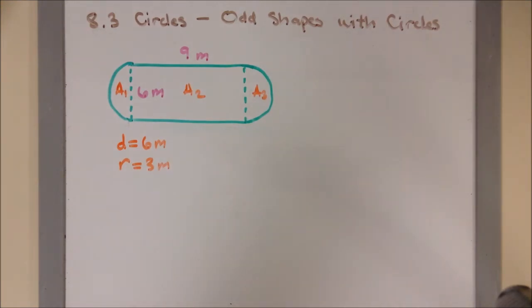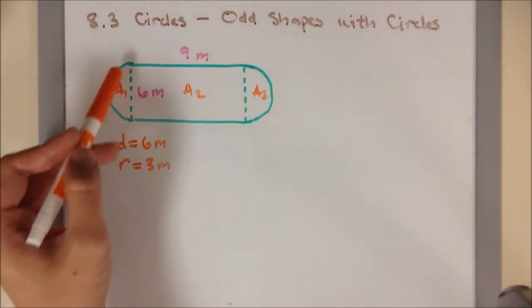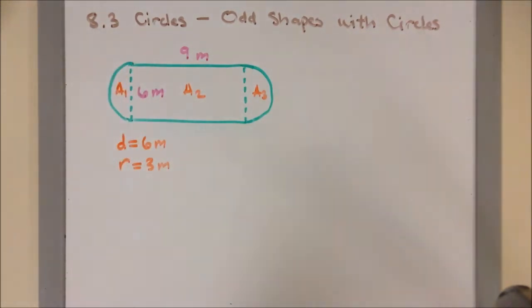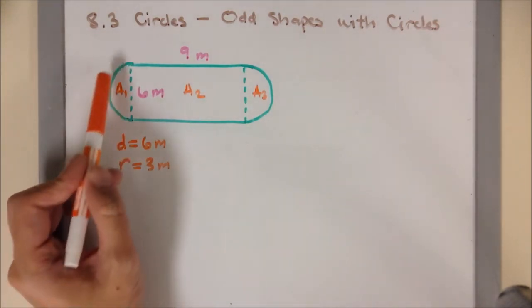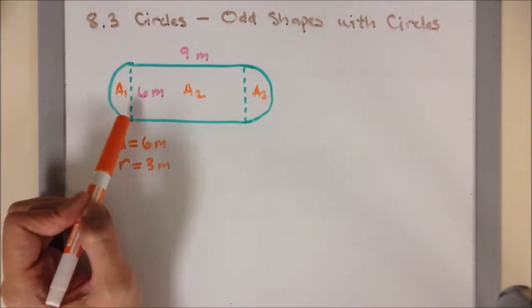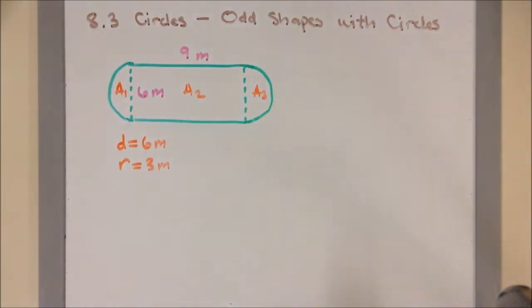Now, this method I'm going to show you first, you have to think about it, because sometimes you might have just one curved side, so you just have to think about it logically. Here on the left side, this is basically half a circle. Same over here, half a circle.